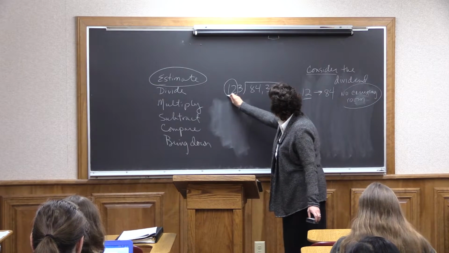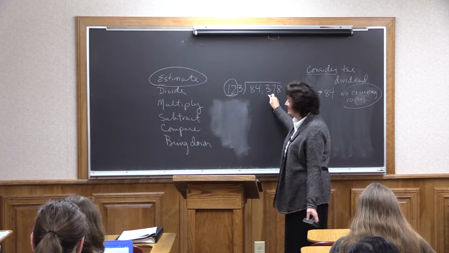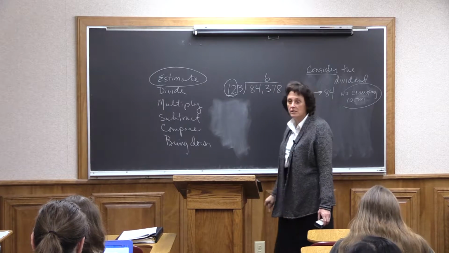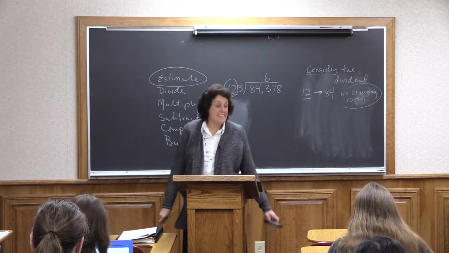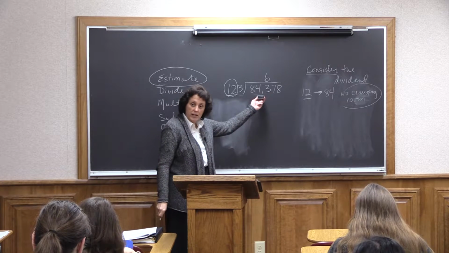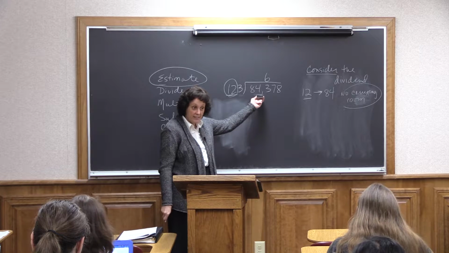I'm thinking in my mind, 12 goes into 84 7 times, so 123. That's not going to be it, I'm going to skip down to 6. Because 7 has to carry a 2, and there's no carrying room. So I am not going to bother with the 7.